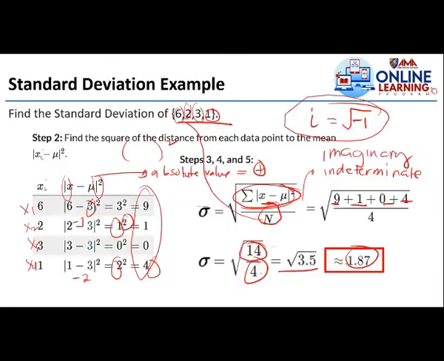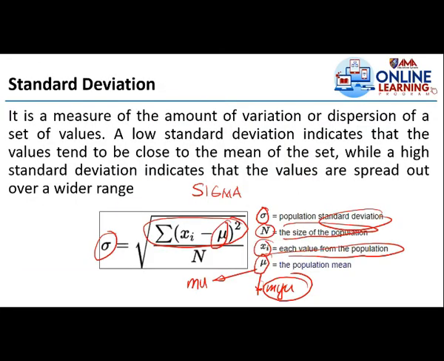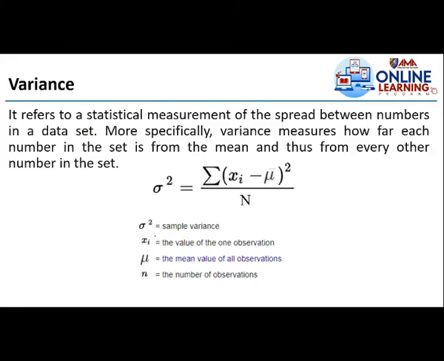So ano yung difference nila? As you can see, yung main difference nila, yung lowercase sigma sa standard deviation is hindi naka-raise to 2, while yung variance is naka-raise to 2. So the same sila ng functionality para malaman yung spread between numbers and how far it is from the mean, but different ang unit nila.